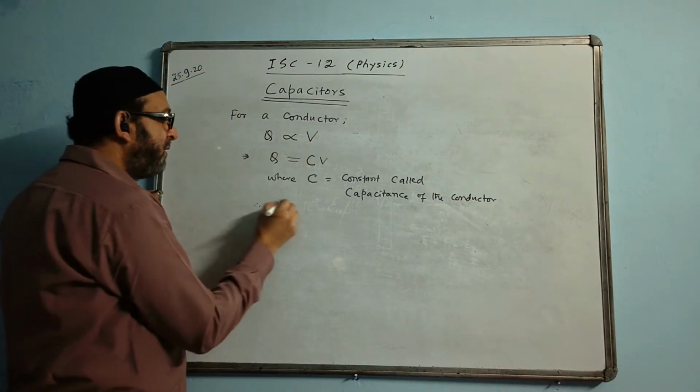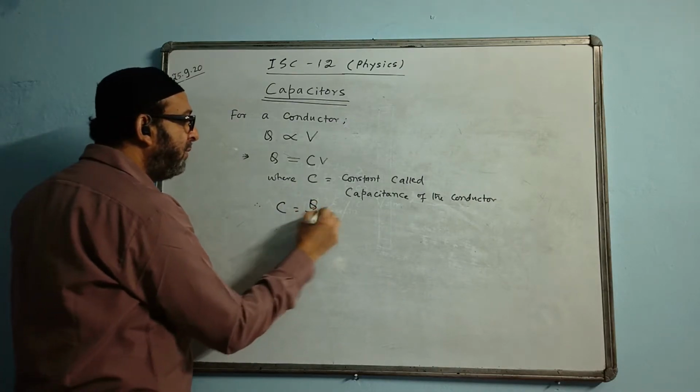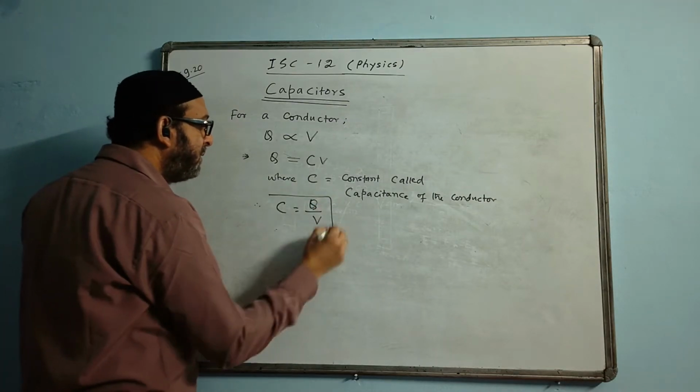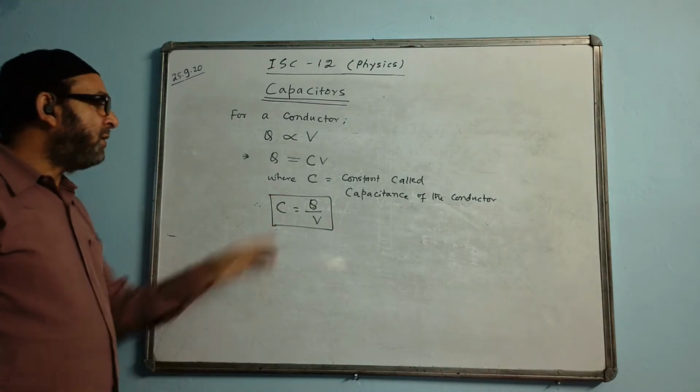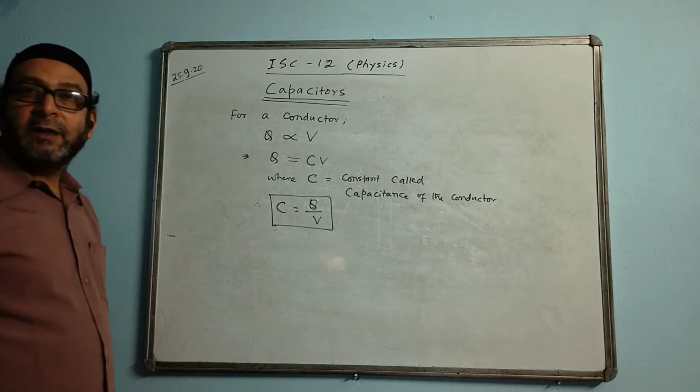If you make C the subject of the formula, this becomes Q by V. So we have the formula C is equal to Q upon V. What is C called? Capacitance.